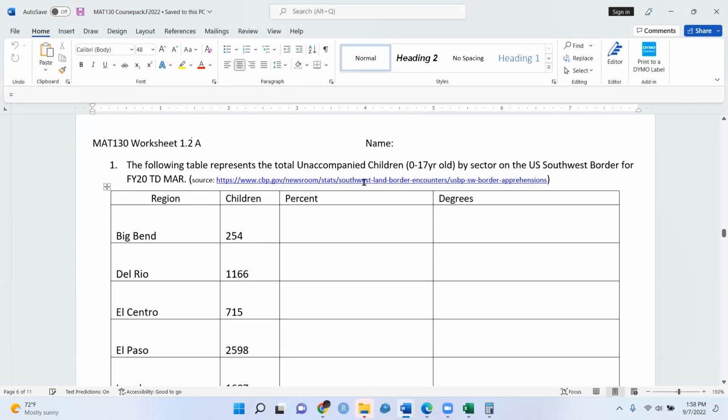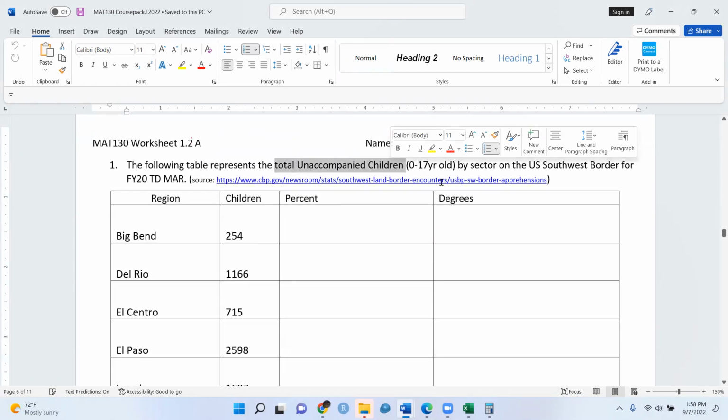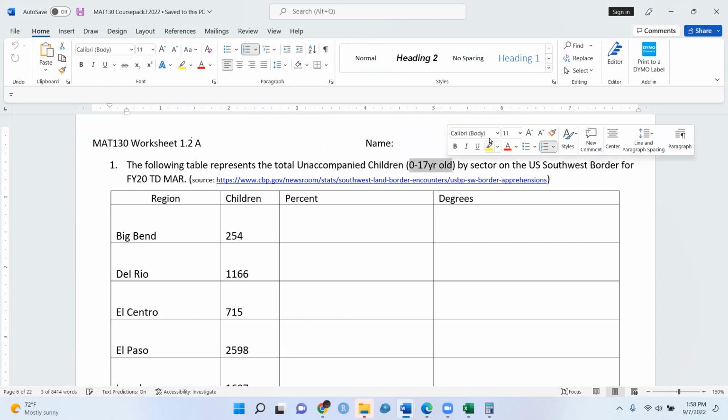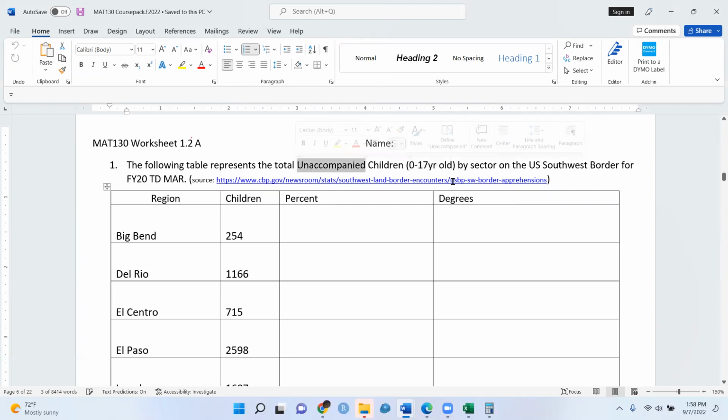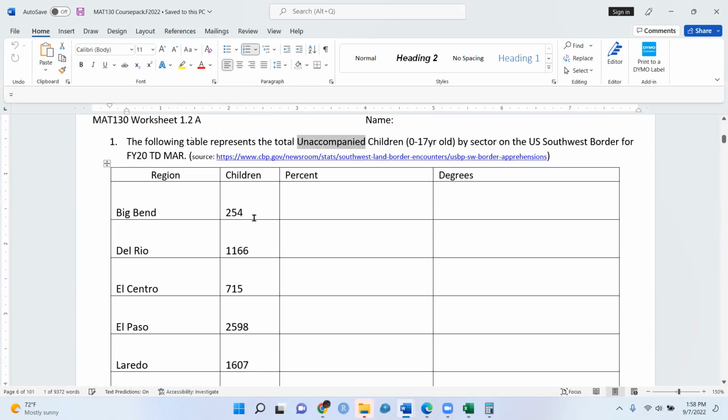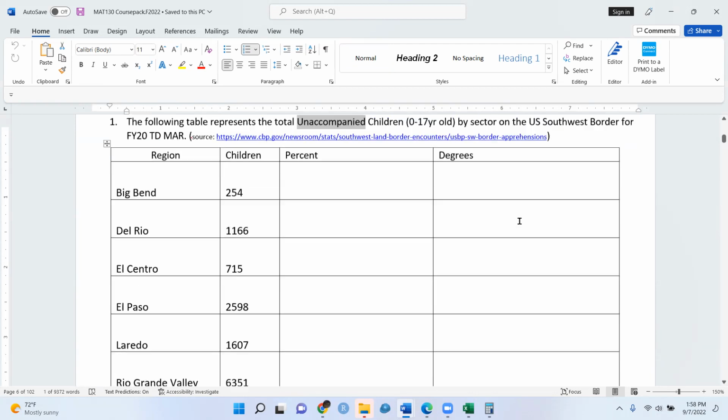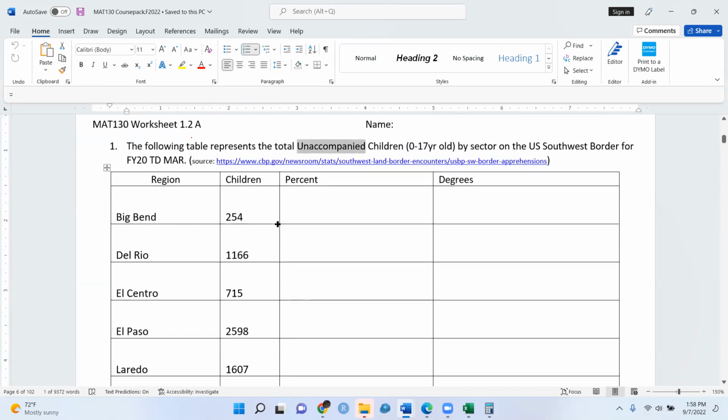These are the number of unaccompanied children, and children are defined as a human aged 0 to 17. Unaccompanied, I believe, means there is no adult, someone over the age of 17, with this child. These are the number of children that were apprehended at the US Southwest border.